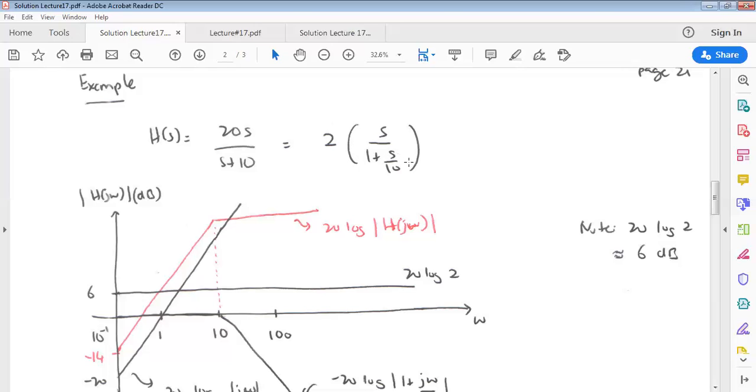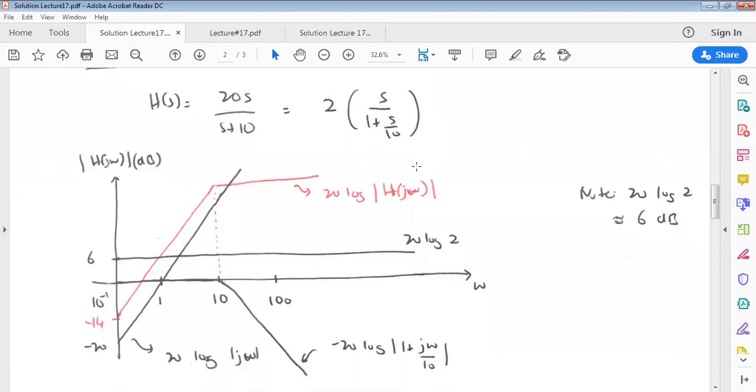So let's plot the Bode diagram for this transfer function. We're going to have 20 log 2, which gives us approximately 6 dB amplitude. For the zero at the origin, we have s here, so we are going to have a slope of positive 20 dB per decade, where the slope passes through the frequency of 1 radian per second on the horizontal axis.